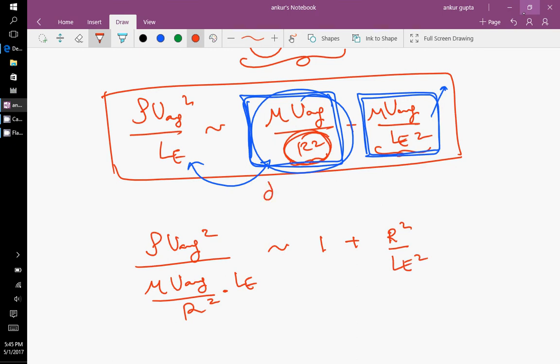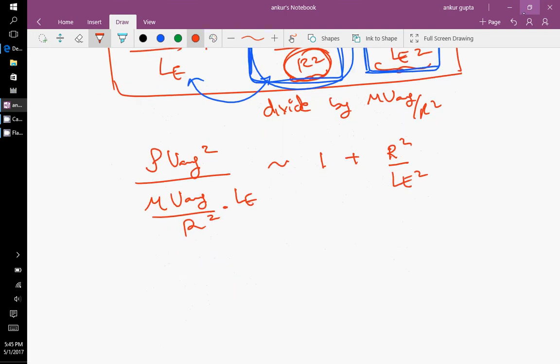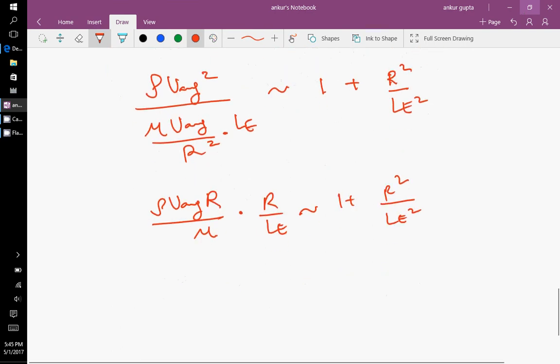So what I'm saying is divide everything by mu u average by r square. Alright, and why am I doing this? Because this will become rho u average r by mu into r by le, and the other term is r square by le square.